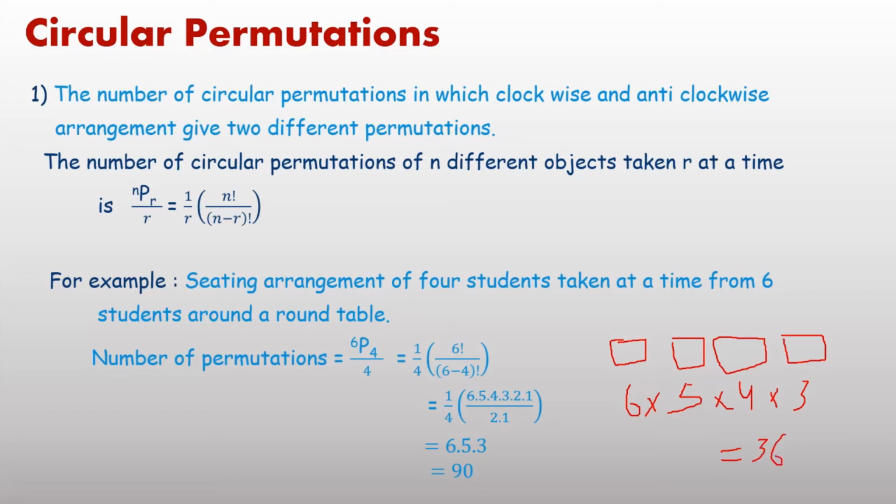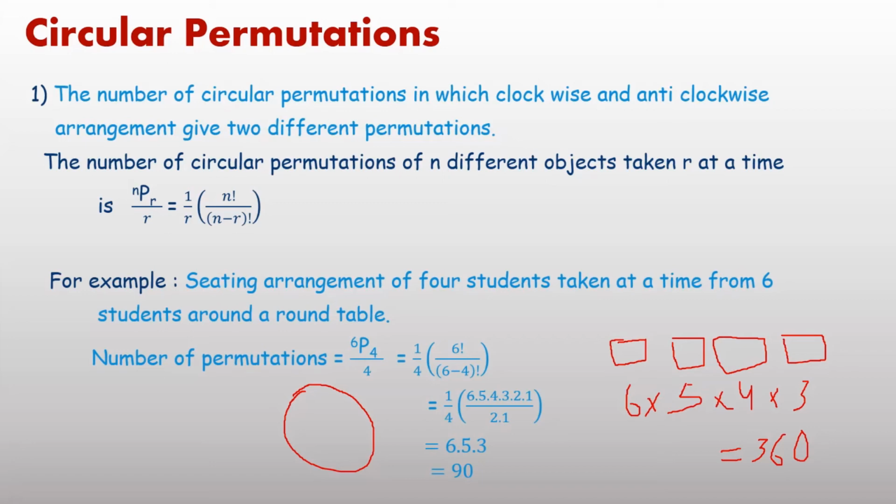In this pattern you can find the number of permutations row-wise, but in the circular case we have to arrange in a circle, and 4 students are going to be arranged. Then the number of permutations equals 6P4 upon 4, equals 1 upon 4, and after solving you have 90.